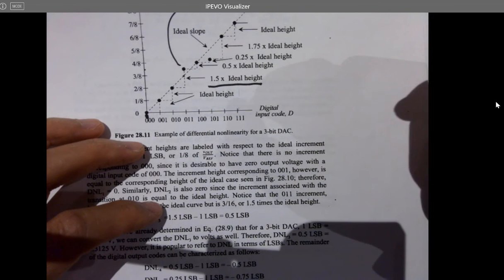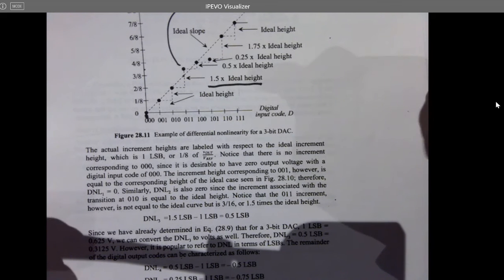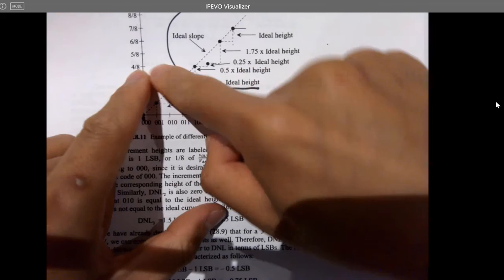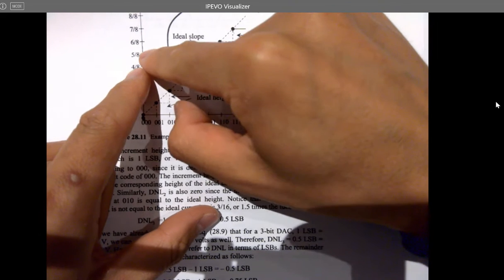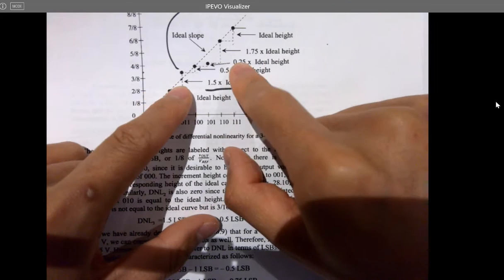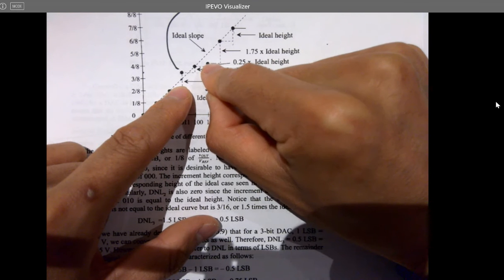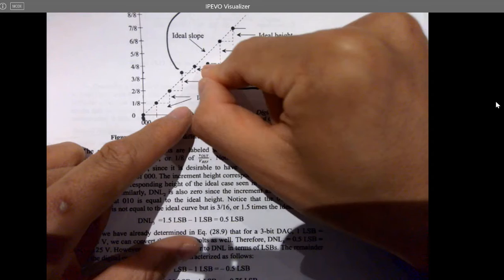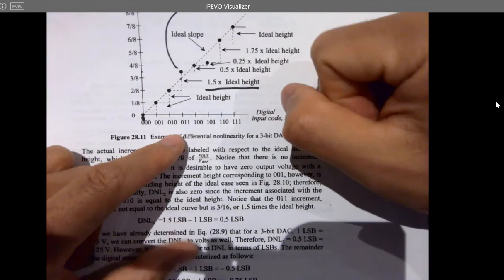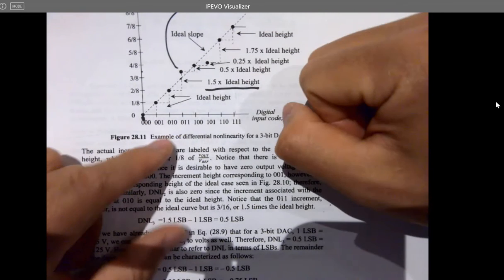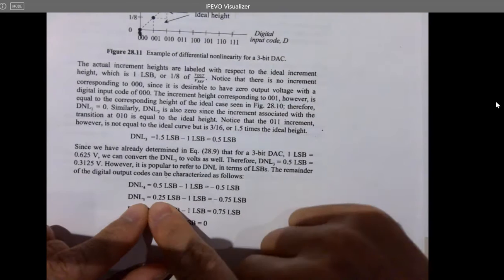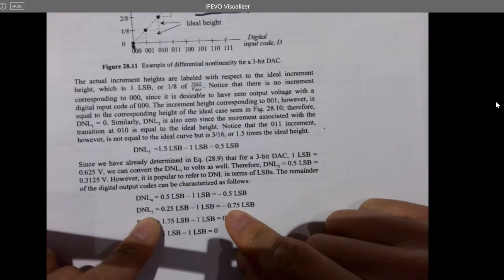It's difficult to label, to have it divided into four pieces, so we're just assuming this is 0.25. So this increment height is 0.25, and for DNL, always minus 1 LSB, so you are getting negative 0.75 LSB for the DNL at this point. So DNL 5 is going to be minus 0.75 LSB.